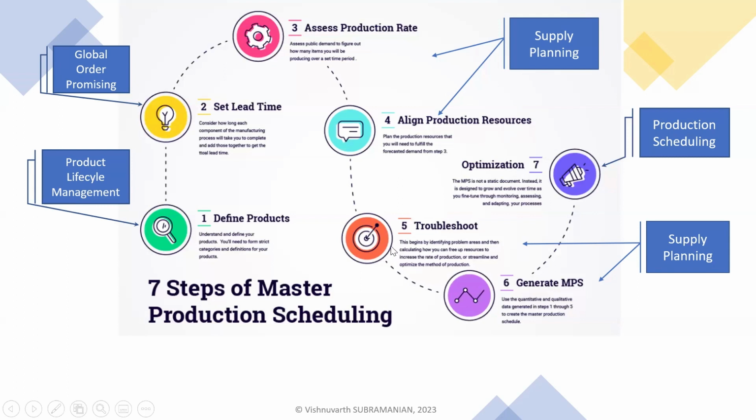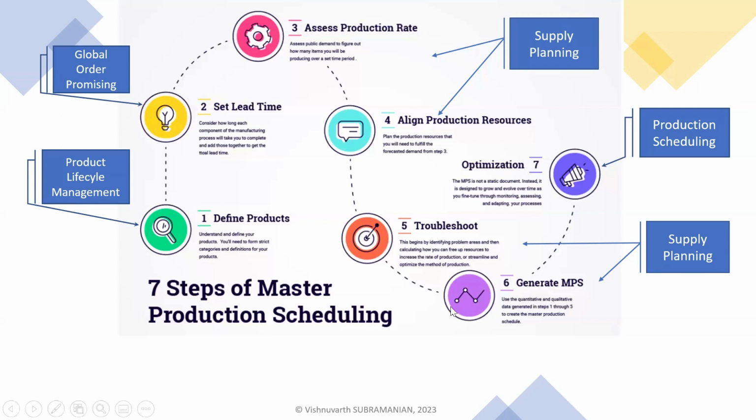All those details. Troubleshooting is when Supply Planning Cloud gives you exceptions that, hey, there is a sales order, but I won't be able to build this product on time because of these exceptions. So troubleshooting is a process where you can look at the exceptions and try to solve them.